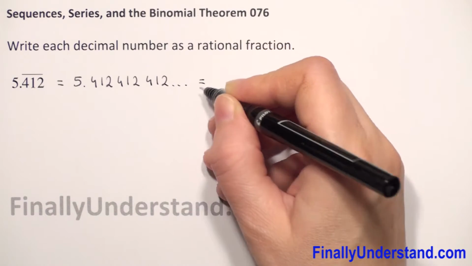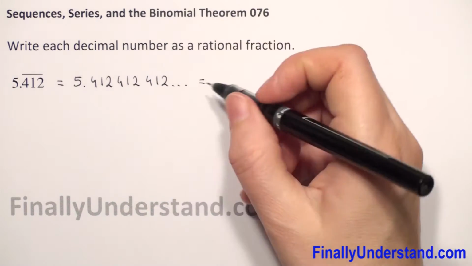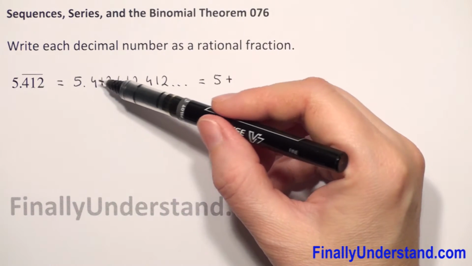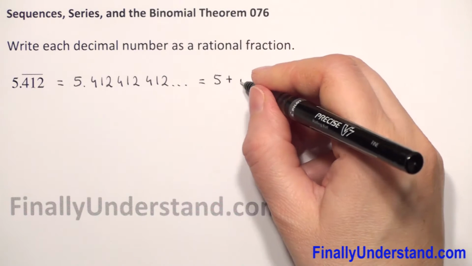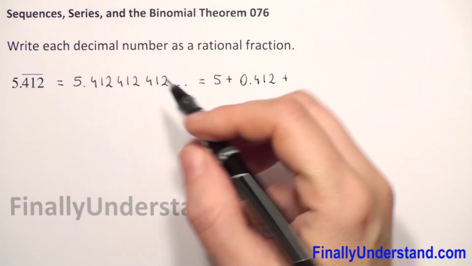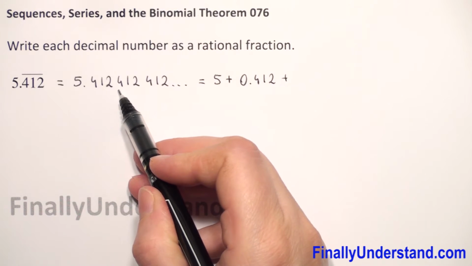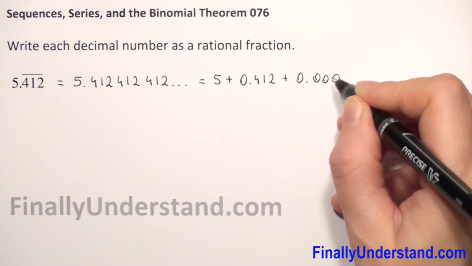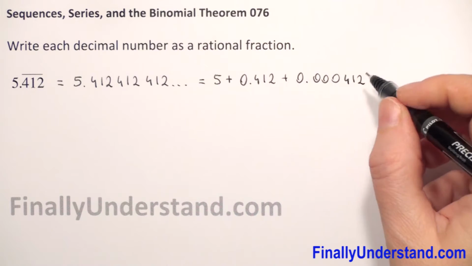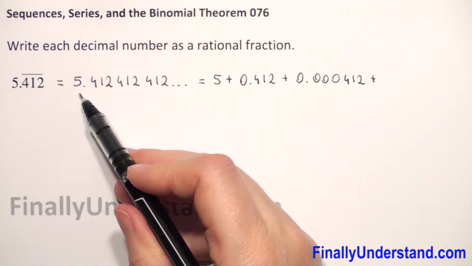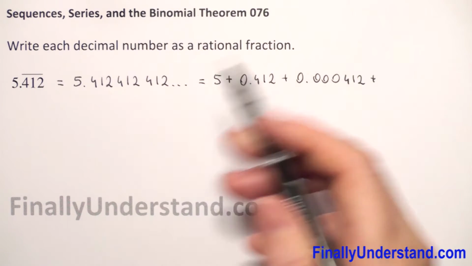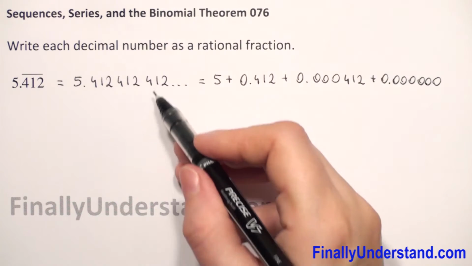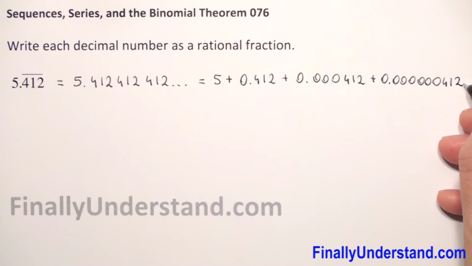So we can write that this is 5 plus 0.412 plus, next, we have the first 4 digits, so every digit we have we substitute by 0, so we have 0 decimal point 0 0 0 and then 412, plus, we have the first 7 digits, so we substitute these digits by zeros, and we have the last 3 digits, and so on.